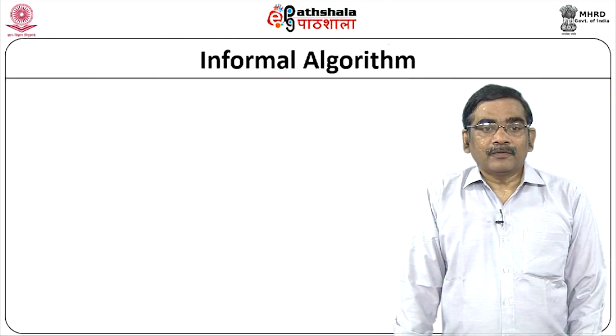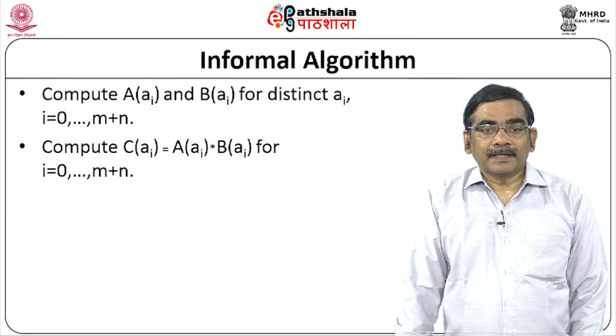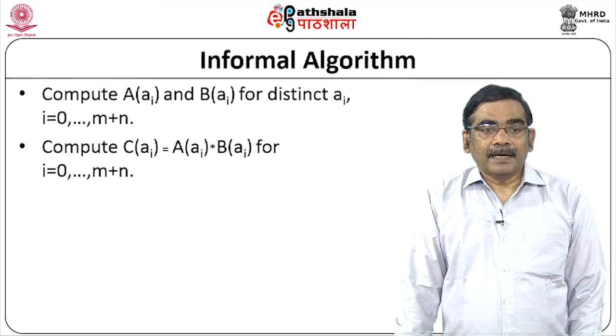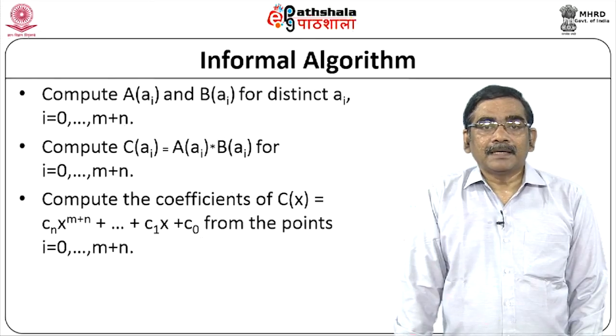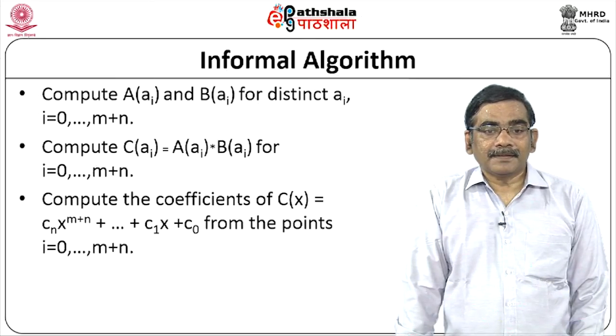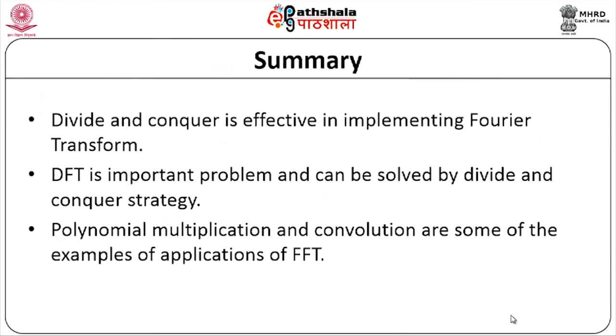The informal algorithm is like this. I compute the value representation, multiply the values, and the coefficients of the resultant one represent the polynomial C. This is how the faster computation can be performed in order of n log n.